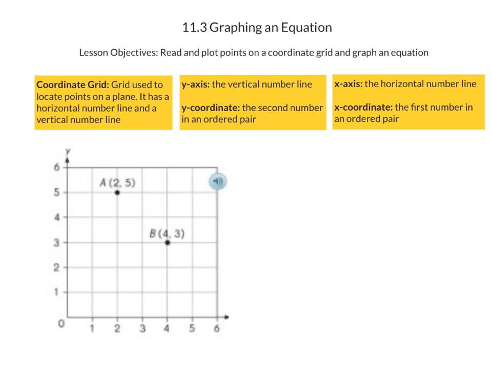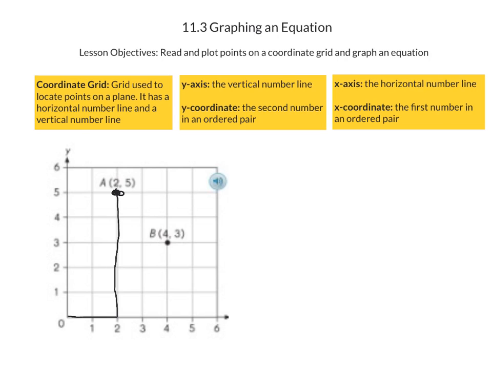Point A says 2, 5 in parentheses. The x-coordinate is the first number in the ordered pair, so that tells us that we're going to move over 2 spots in the x direction, and then we're going to move up 5 spots in the y direction.